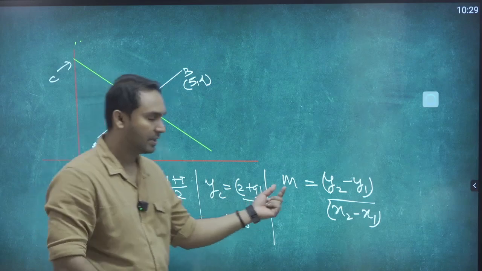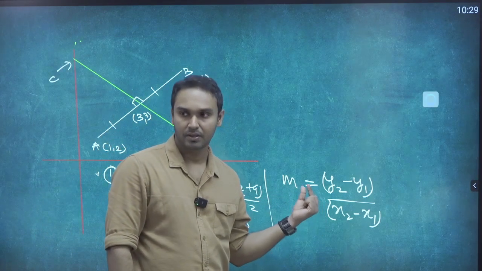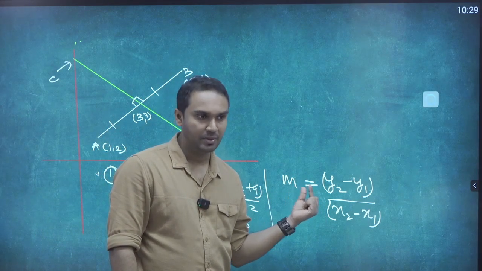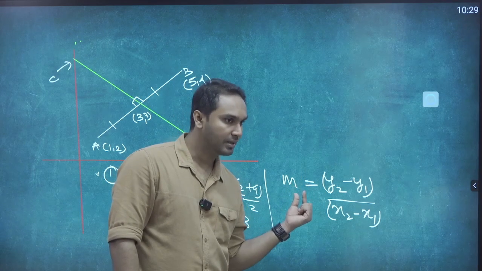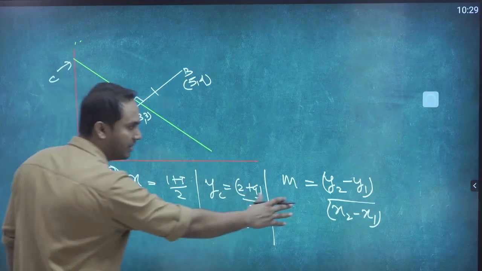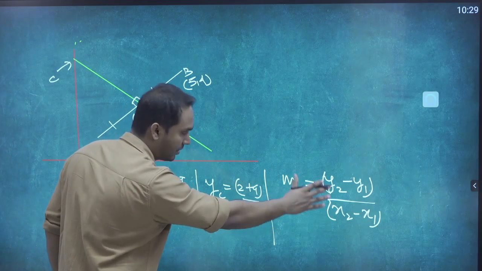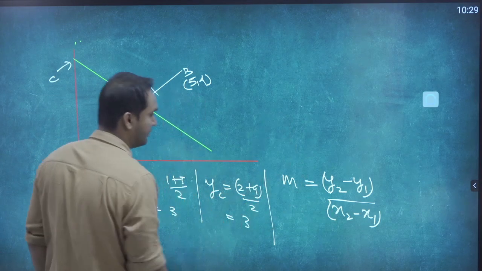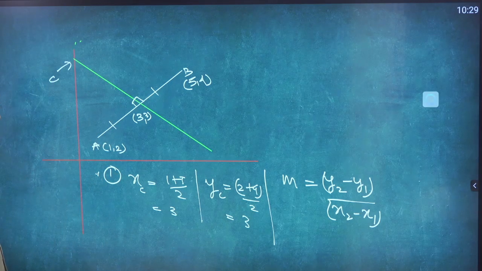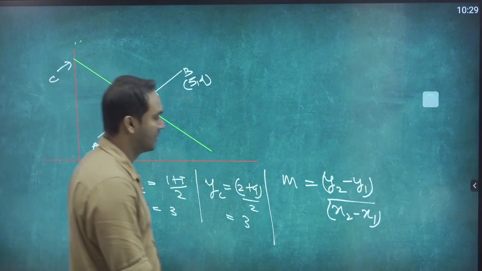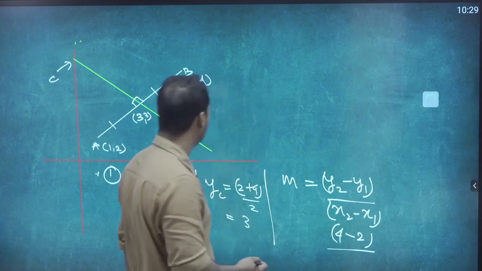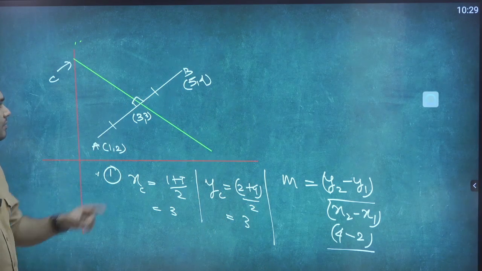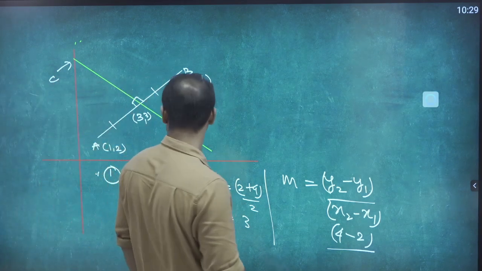Now this is the equation of the gradient, right? But you can simply use this to find the formula as well. For now we are using this to find the gradient. Even for finding the formula, this is the formula you are using. Now tell me the difference of the two y coordinates. 2 minus 4, or else 4 minus 2, divided by 5 minus 1.